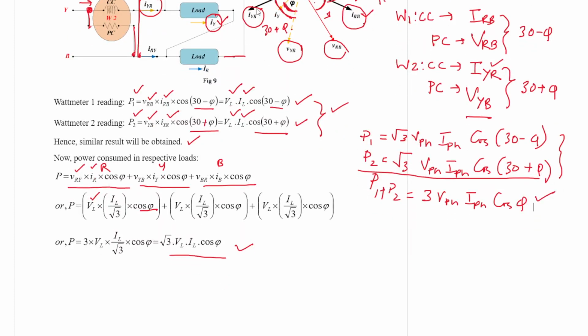So irrespective of the type of the load, whether it is star connected or delta connected, if we connect two wattmeters, they can measure the overall power consumed in that load.